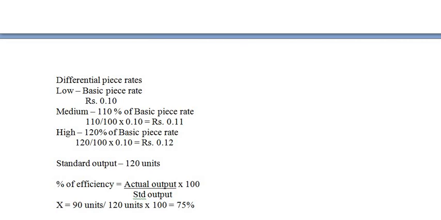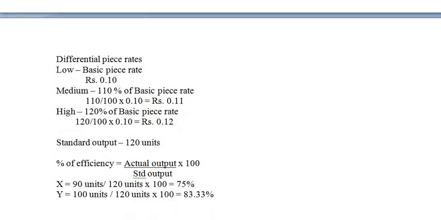The same should be calculated for worker Y also. Y has produced 100 units divided by standard 120 units into 100, which is equal to 83.33%. Now the same should be calculated for worker Z also.